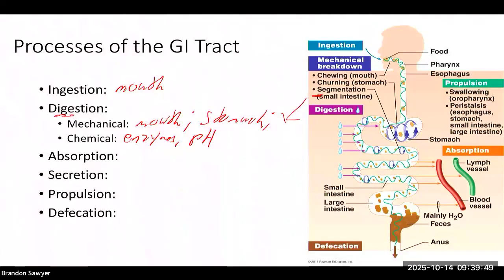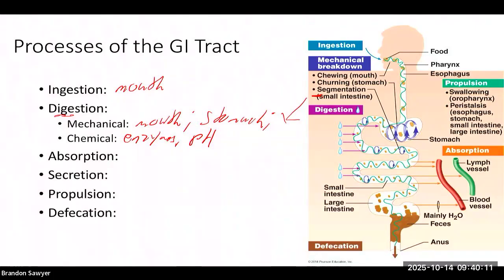But then we get to the stomach, and some of that chemical digestion continues with the salivary amylase that's not destroyed by the pH. But then we also have that low pH that's breaking up proteins. And then we also put pepsinogen, which gets turned into pepsin, into the stomach, which is helping with protein digestion. So all of that's chemical digestion, right?